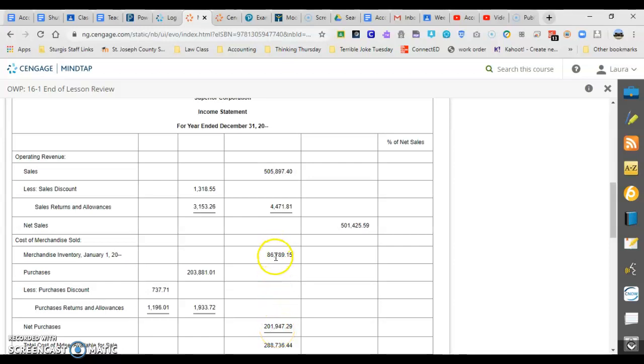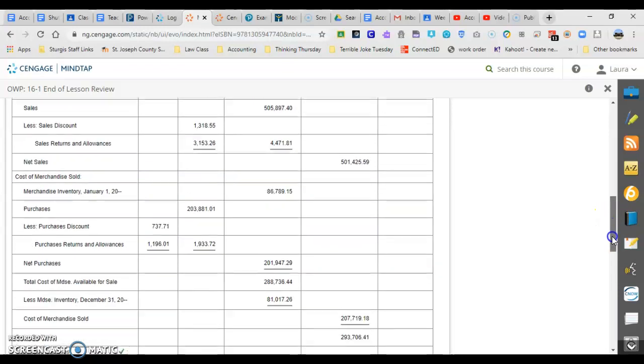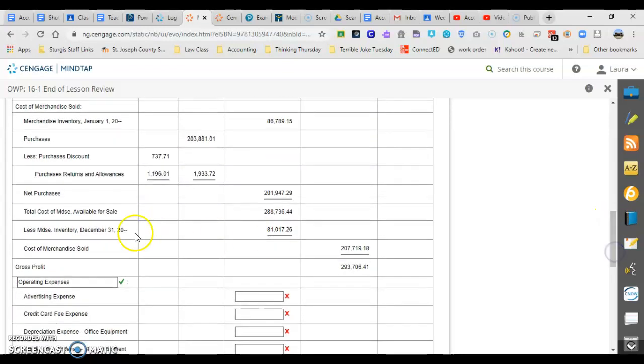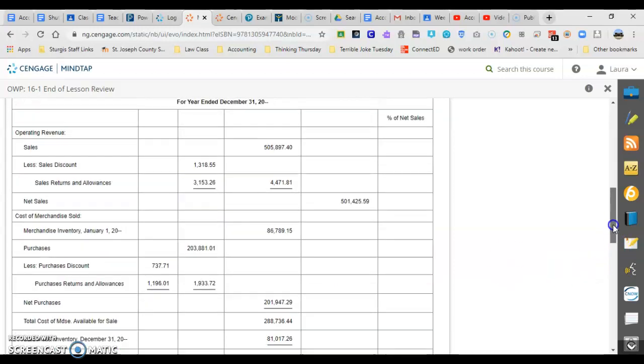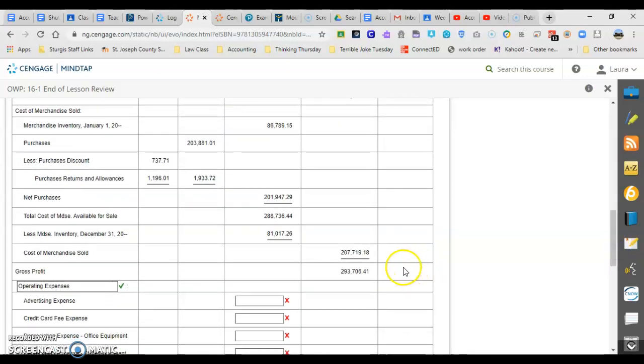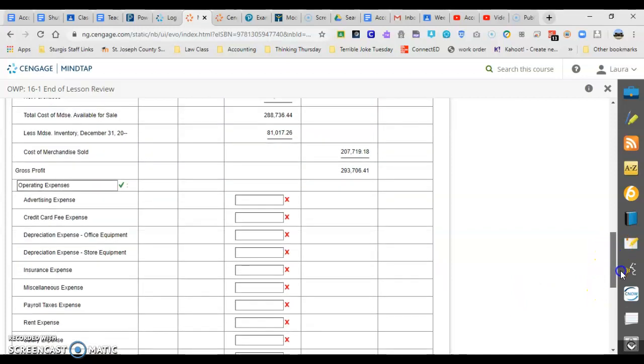How much you started with plus what you bought, net, is your total cost of merchandise available for sale, minus your ending inventory is your cost of merchandise sold. You find your gross profit by taking your net sales minus your cost of merchandise sold.